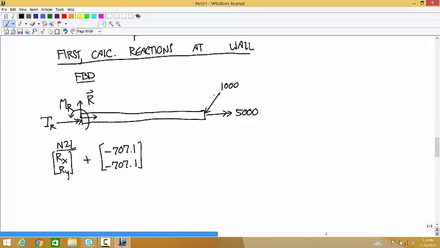That's this. And everything else up there is a couple. It's a moment, so it's not going to appear in Newton's second law. So this R vector, just solve for it, and you get positive 707.1, positive 707.1.